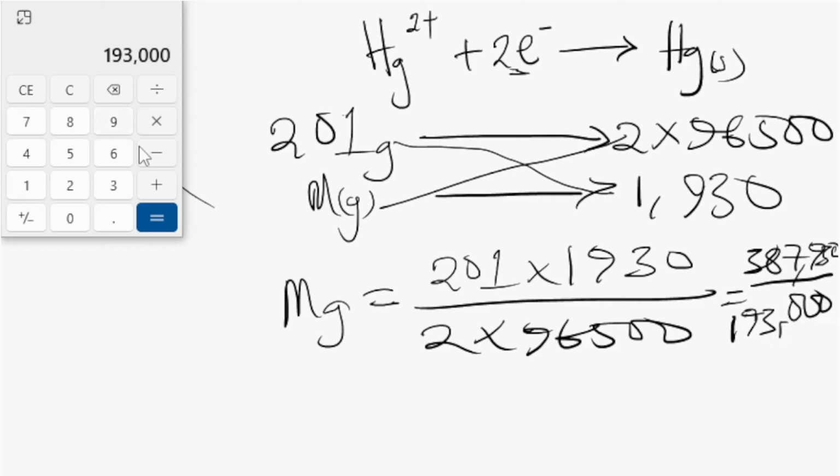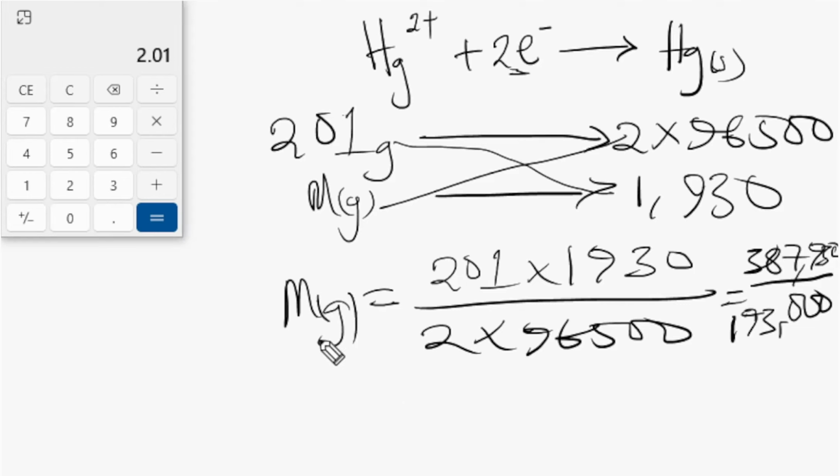So guys, with this, if we solve for this, 387,930 over 193,000, you're going to get 2.01.